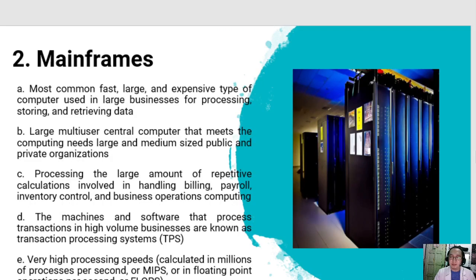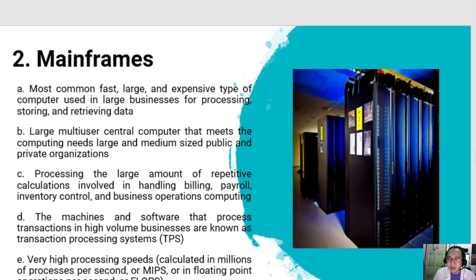Second are the mainframes. This is the most common fast, large and expensive type of computer used in large businesses for processing, storing, and retrieval of data. These are large multi-user central computers that meet the computing needs of large and medium-sized public and private organizations.